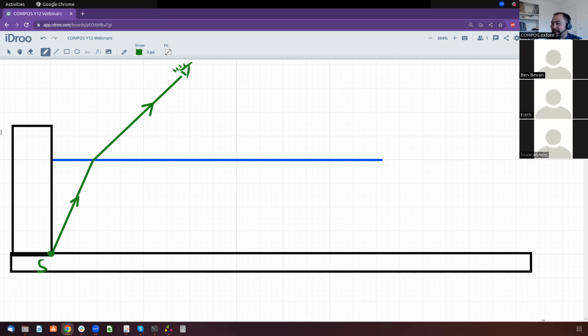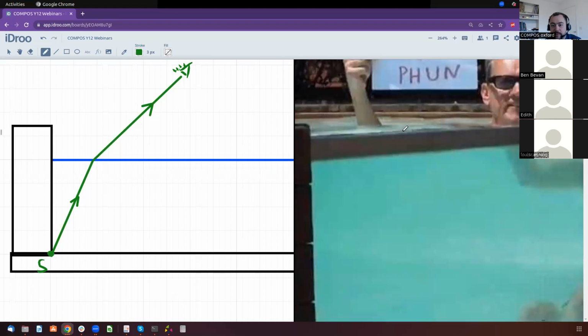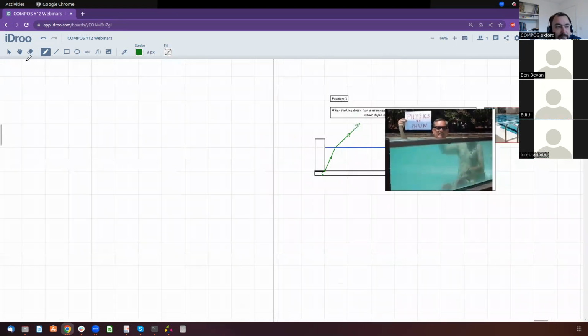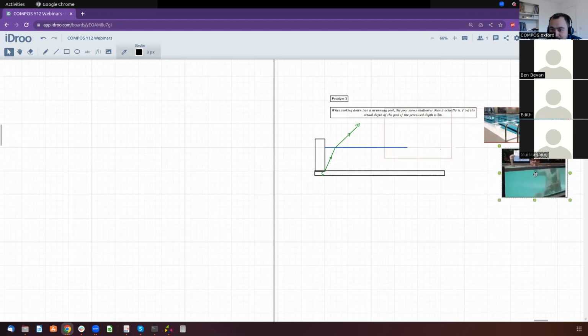Whereas in reality, things could be refracted. In reality, it could be like this. Refraction tricks your brain.